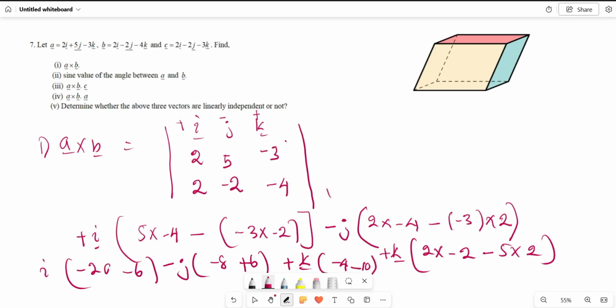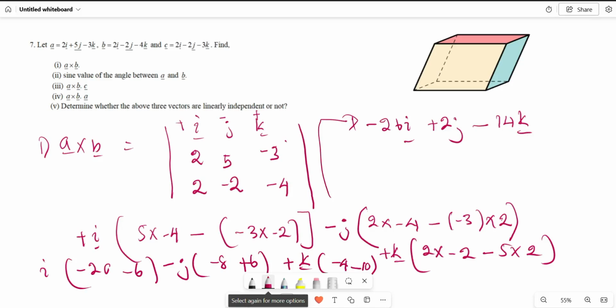So when you subtract the things, you will get minus 26i, and here minus 2 and plus 2j, plus here what? K value is minus 14, minus 14k.